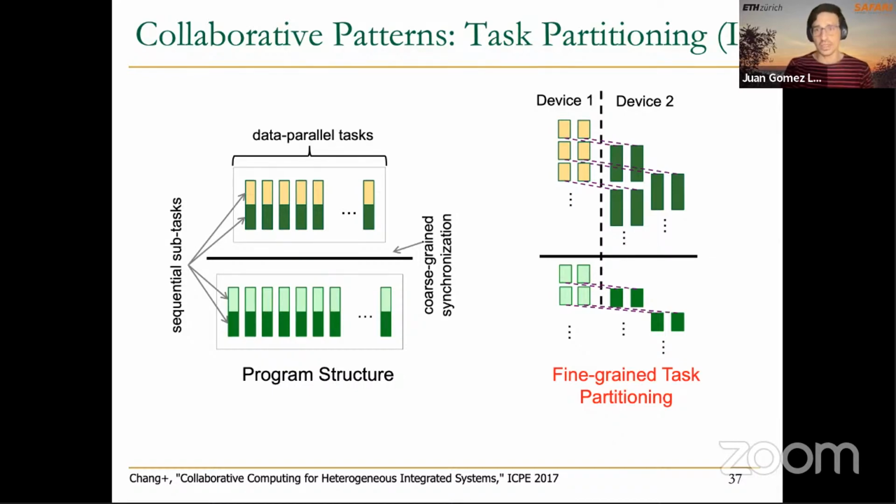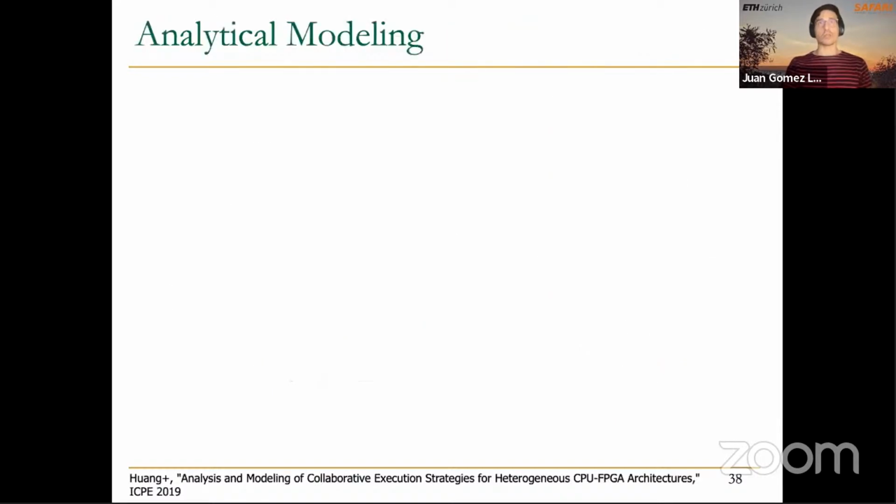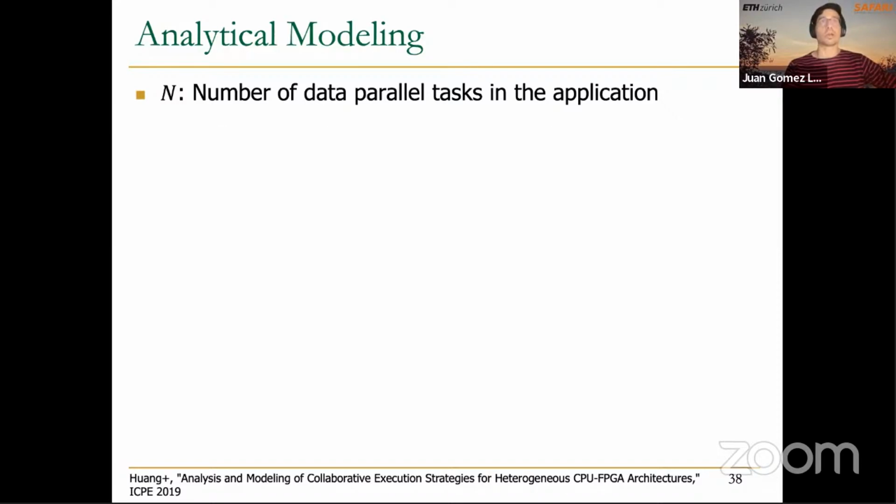We can even analyze what the execution time of these approaches is going to be, and in this way, we could have some estimates of the potential speedups that we could get from a collaborative execution. To do so, in one of our papers, we did some analytical modeling where we consider a number of data parallel tasks.